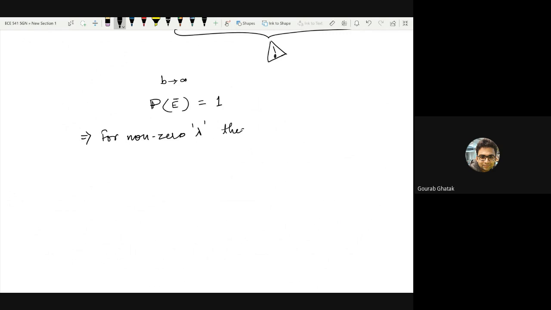For non-zero lambda, there exists at least one point in R2 for a PPP.